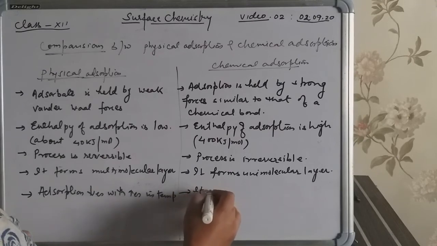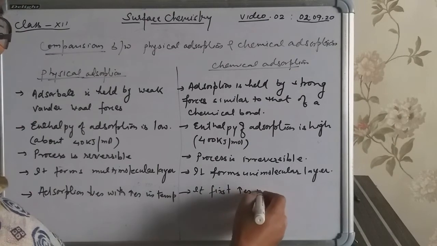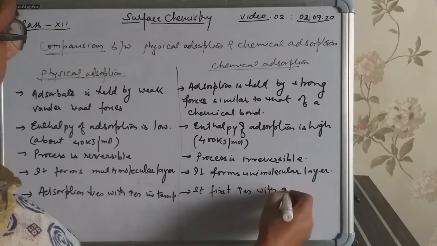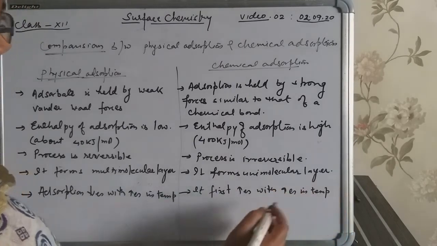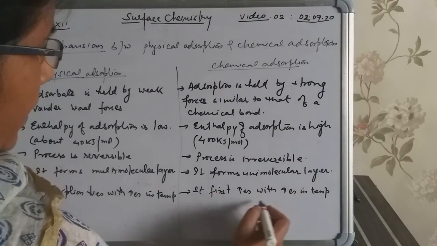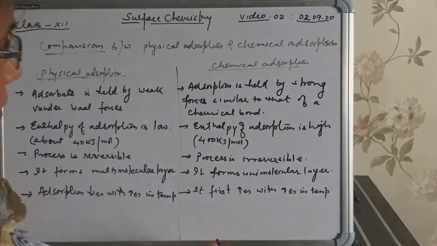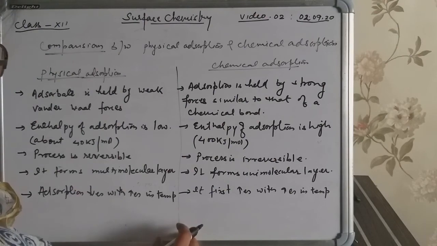It first increases with increase in temperature because a chemical bond is formed, so activation energy is required. Whenever temperature is given to the adsorbent surface, it goes to the activation position.